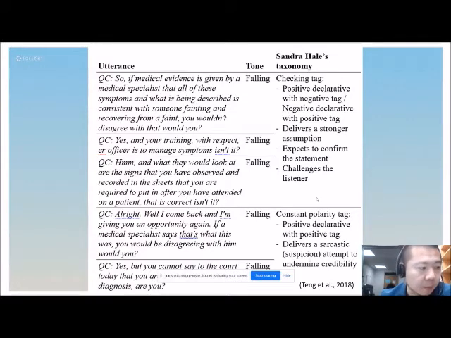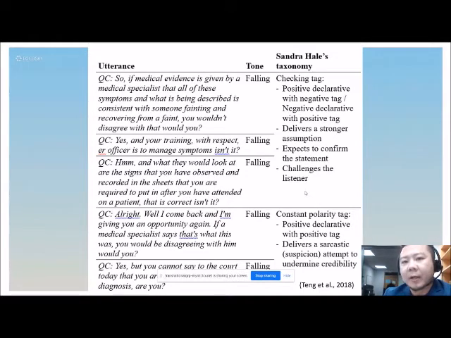At court, when lawyers are doing a cross-examination, they usually use a lot of tag questions. In English, tag questions, for example: you did it, didn't you? You like her, don't you? This kind of tag question.